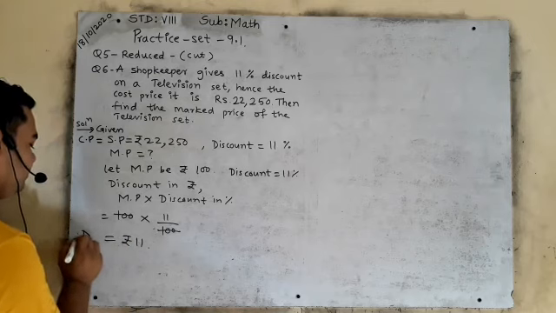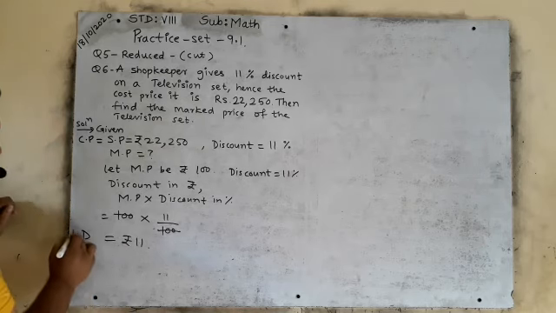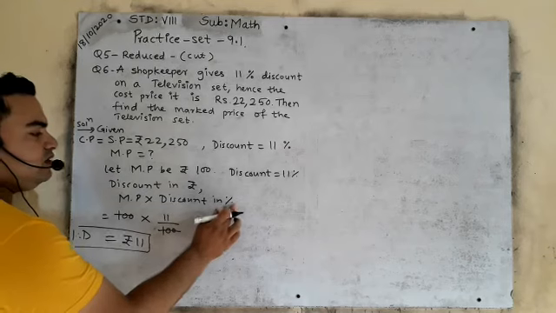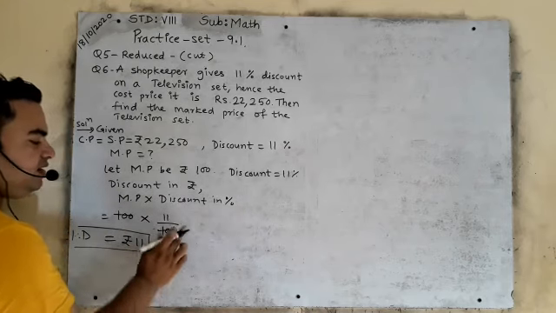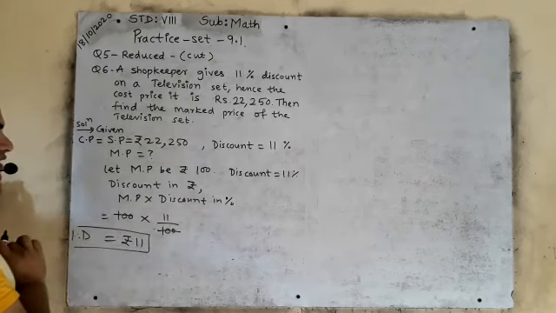Discount is 11 rupees. Okay. Let the mark price be rupees 100. Discount 11%. So discount in rupees. Always we will find out discount on mark price only. Mark price is 100. Discount in percentage is 11 percentage, means 11 upon 100. 100 will get cancelled. 11 will be.